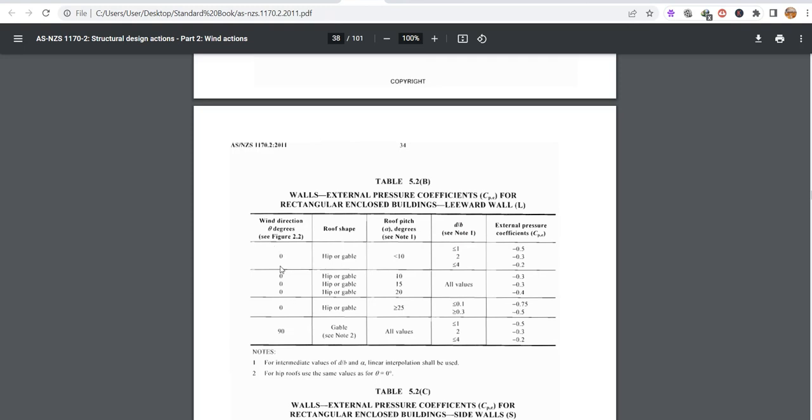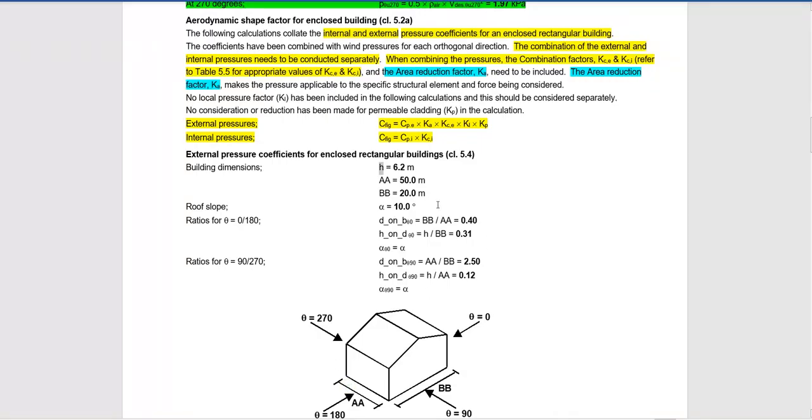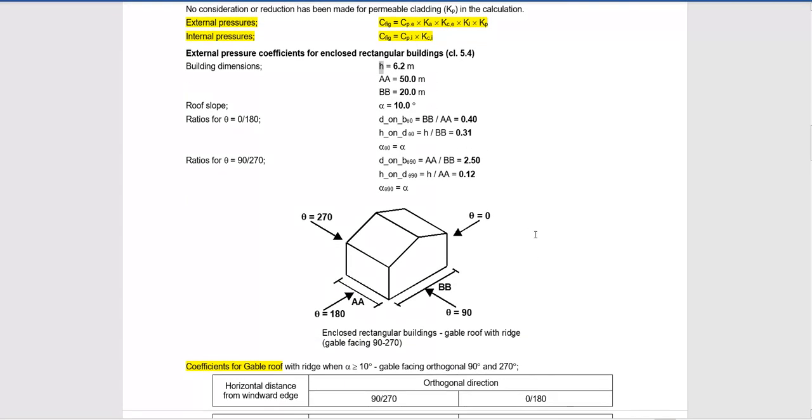This is the wind direction for 0 and 90 degrees. Because my roof pitch is 10 degrees, I'm going to go for this column. D over B is less than 1, so my external pressure is negative 0.5. We'll see it later on in the table.